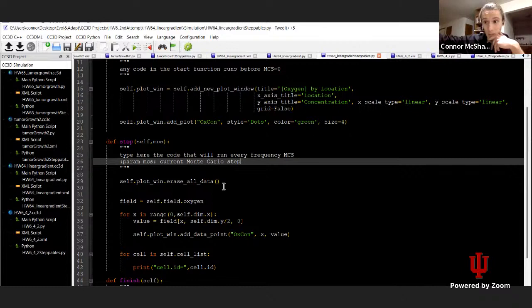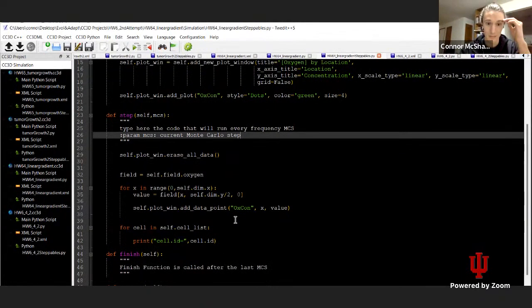So instead of accumulating the points over time, it's just going to plot along the middle of the y-axis. It's looking at all those x coordinates going straight across the middle, and then it's plotting that line as I go.